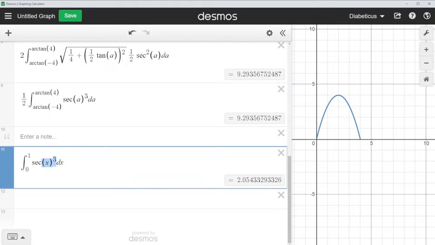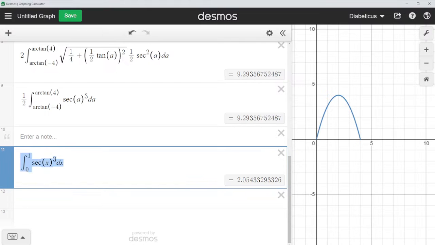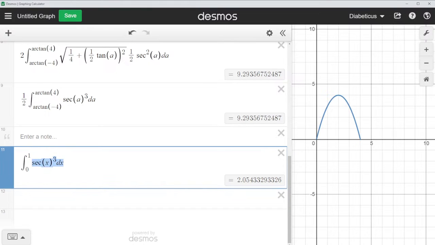But it poses integrals as a challenge instead of your regular homework problem, where it's like try to find the integral for secant x cubed. And tell you what, we encountered this problem once.